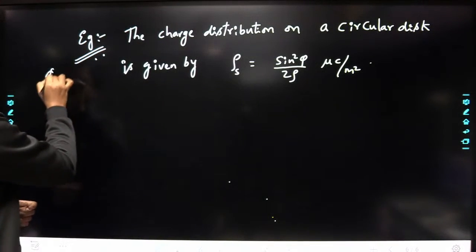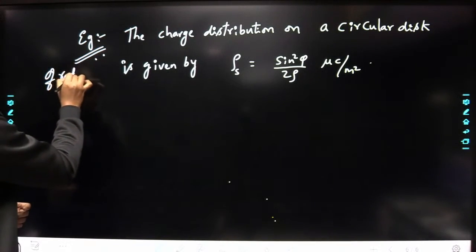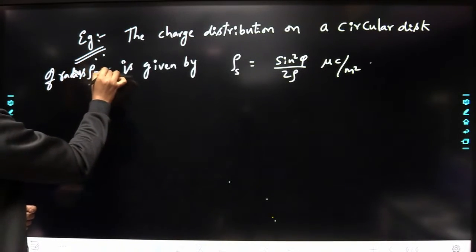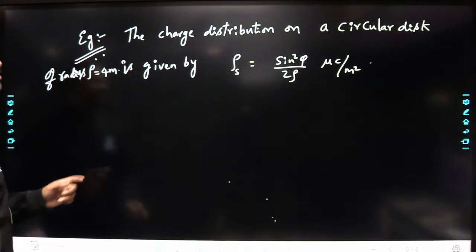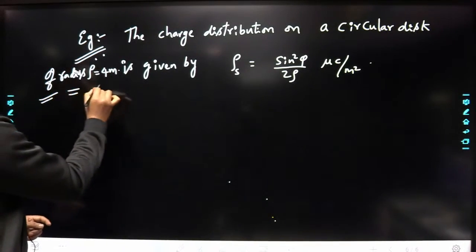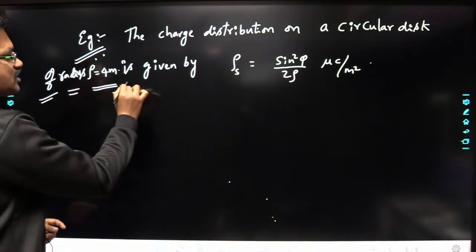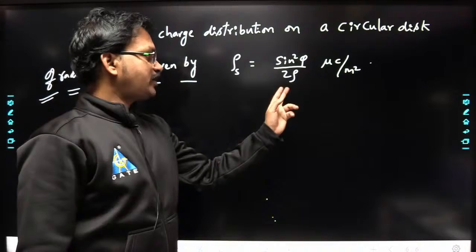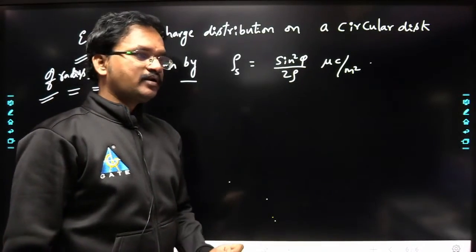The charge distribution on a circular disc of radius rho equal to 4 meters is given by rho s is equal to sin square phi by 2 rho microcoulomb per meter square.